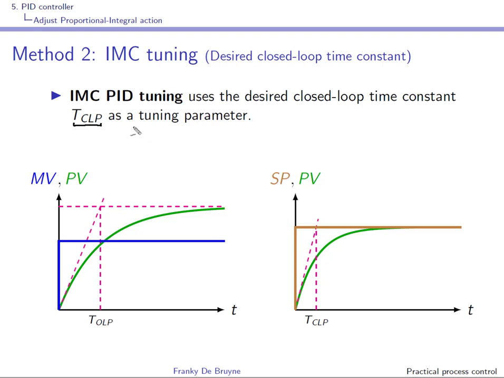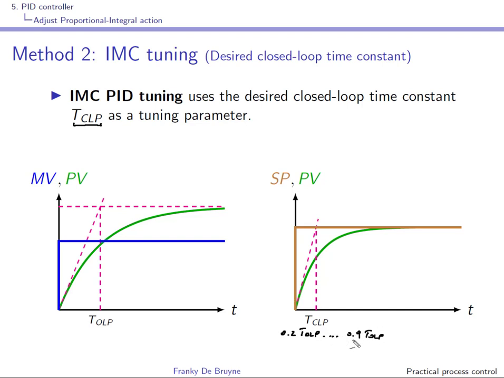And this IMC PID tuning method will use the desired closed loop time constant as a tuning parameter. And usually what you will do is take it smaller than the open loop time constant, in a range between 0.2 times the open loop time constant up to 0.9 times the open loop time constant.